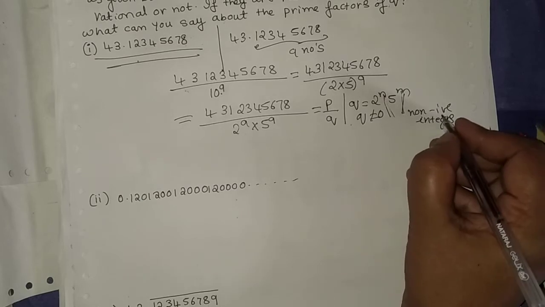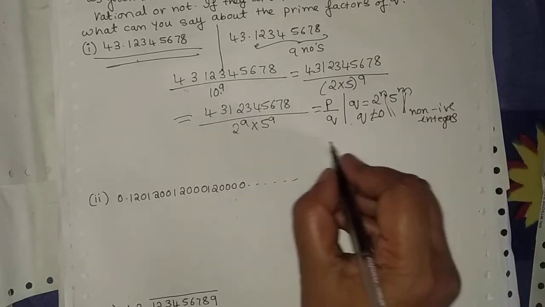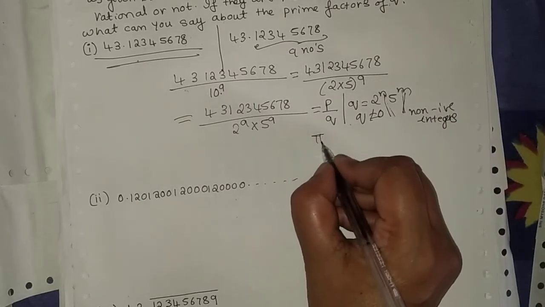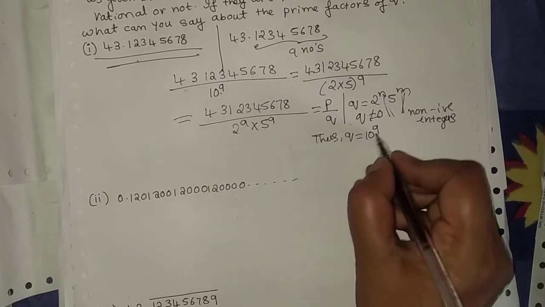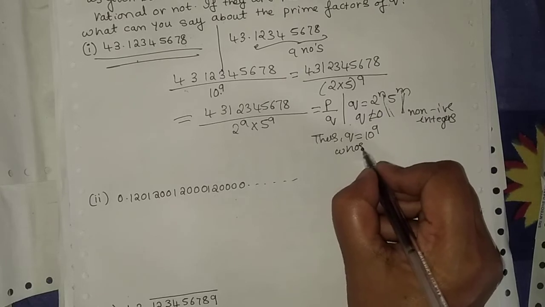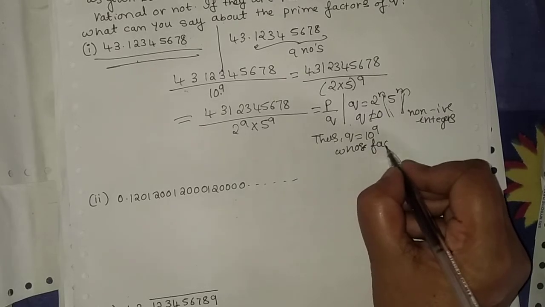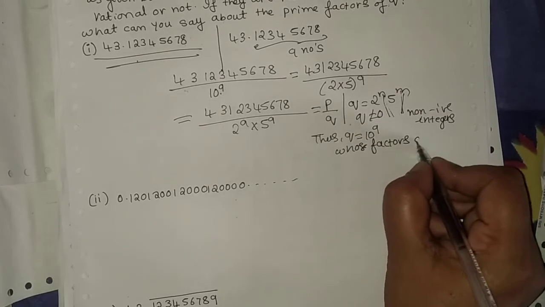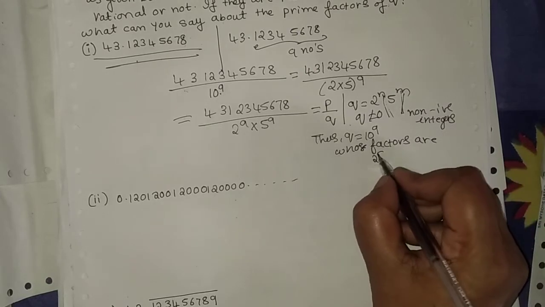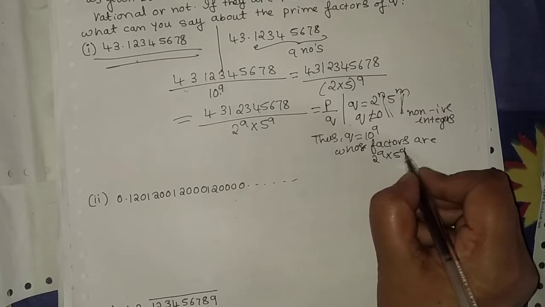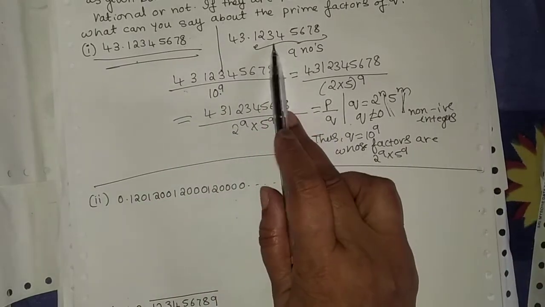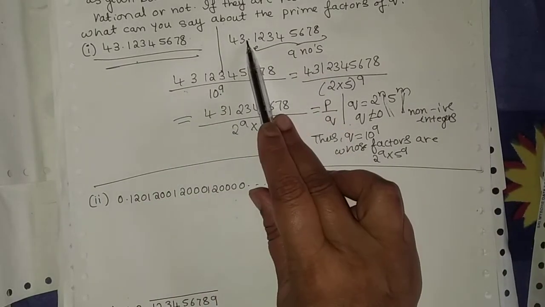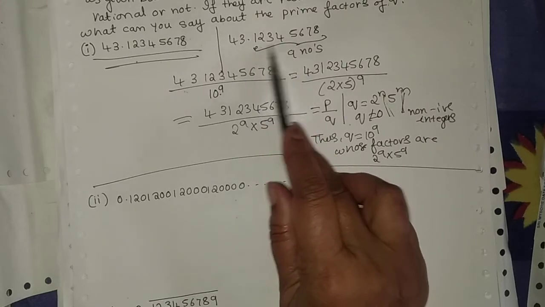So thus Q is equal to 10 power 9 whose factors are 2 power 9 into 5 power 9. This is the solution. Take this decimal number, just count the digits after the decimal point, we will get 9.